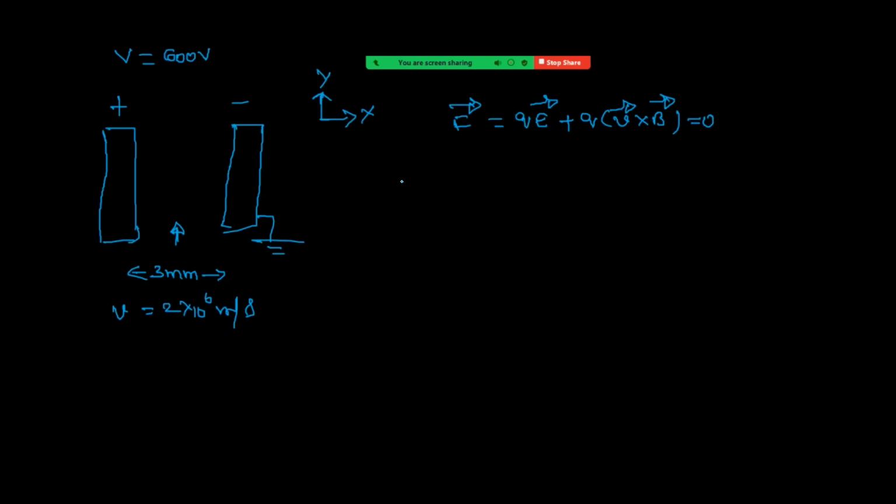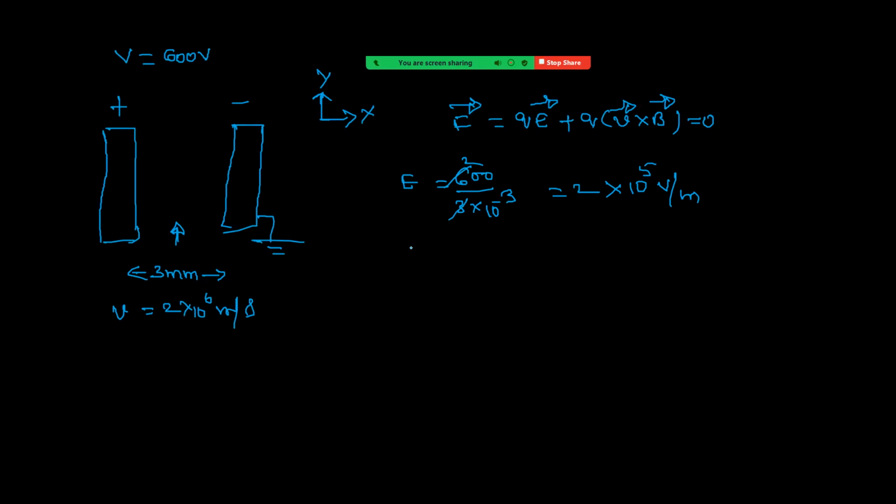And you can see the strength of the electric field is potential difference by separation between plates, 600 by 3 × 10^-3. Millimeter, right? So 10^-3. This is 2 × 10^5 volt per meter.